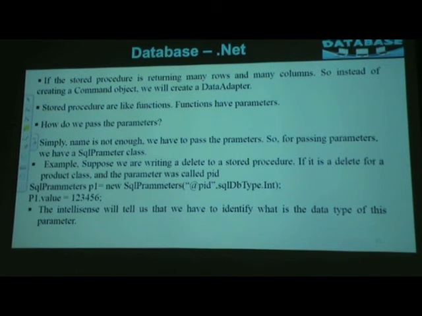Before you specify the parameter, you have to write the @ sign, then the name, and then IntelliSense will give you what type it has to be. SqlDbType.Int in our case. And then you write p1 with value. IntelliSense will tell us that we have to identify the data type of that parameter.